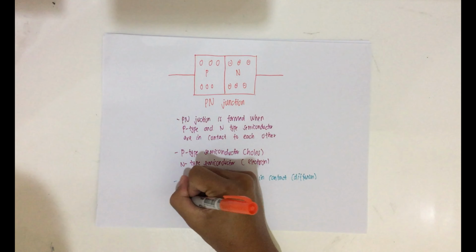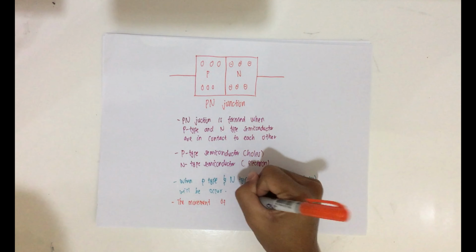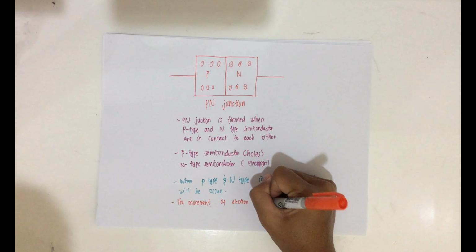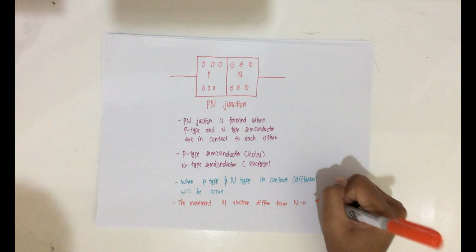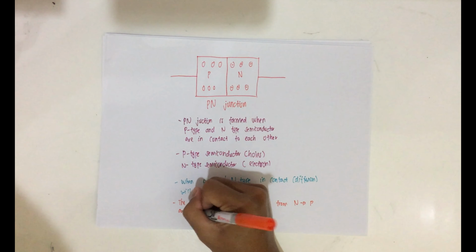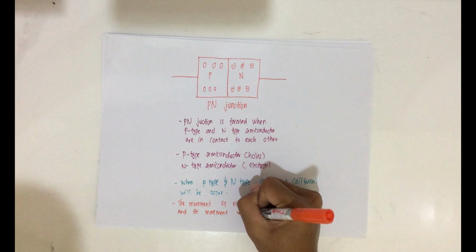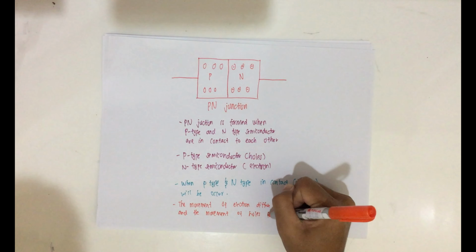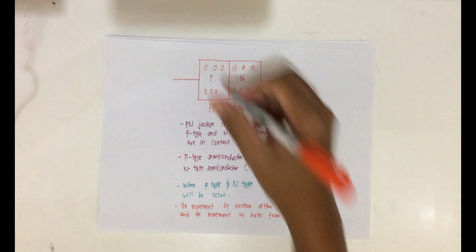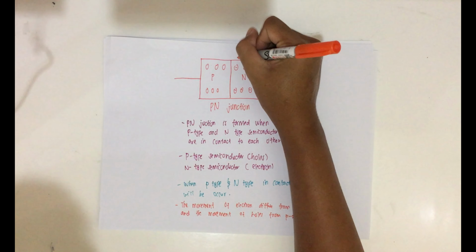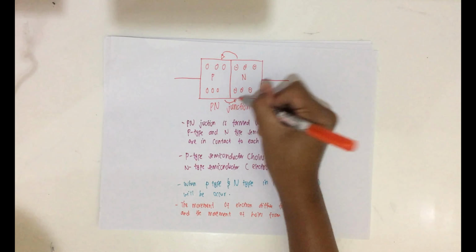Diffusion is the movement of electrons diffusing from N to P side and the movement of holes from P to N, which means that the electrons here will move to P region and the holes here will move to the N region.